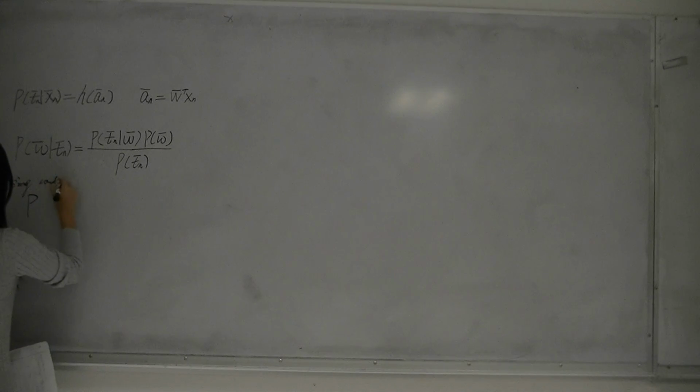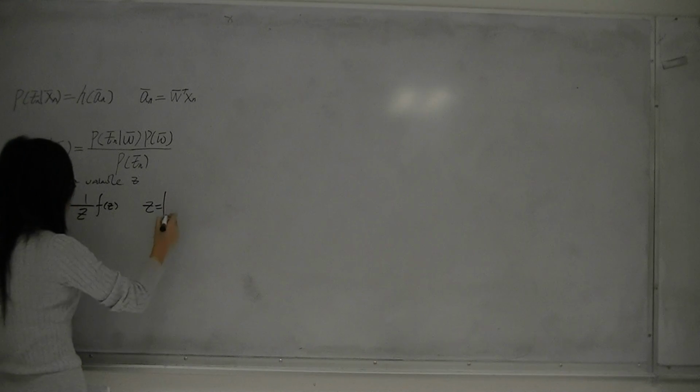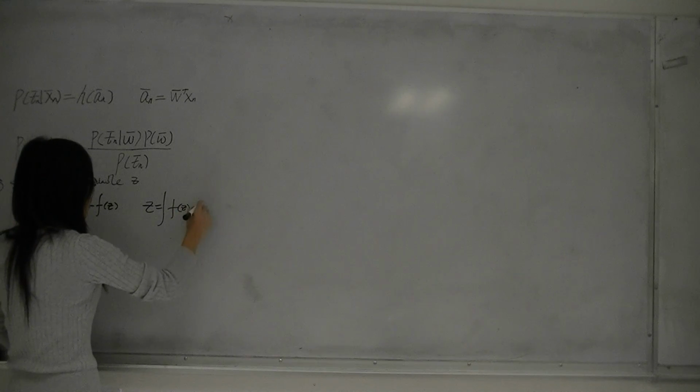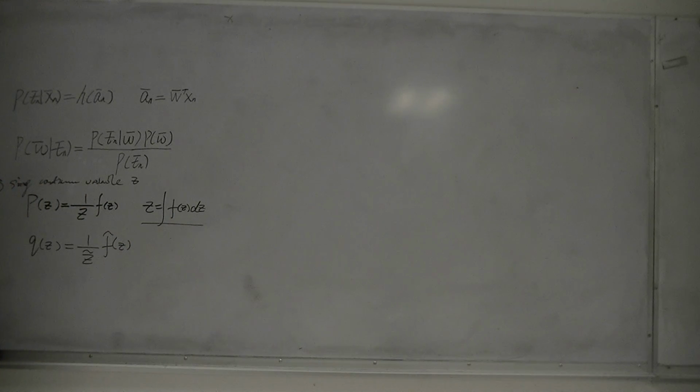The true distribution p(z) we can write as 1 over capital Z times f(z), where the capital Z is a non-negative normalization factor equal to the integral of f(z) dz. I forgot to mention that here the factor Z is unknown, or not easy to evaluate.